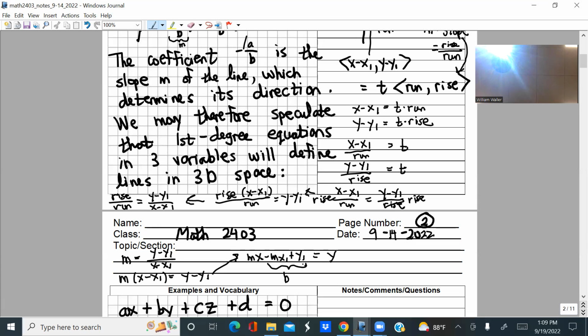So there's slope-intercept form. What did we just show? Some people at this point get confused about what we just did because this is so familiar to them. What did we just prove?